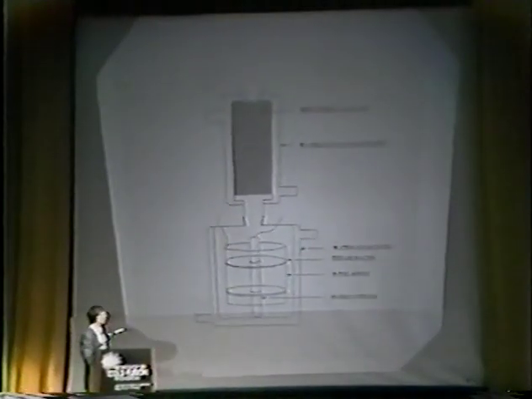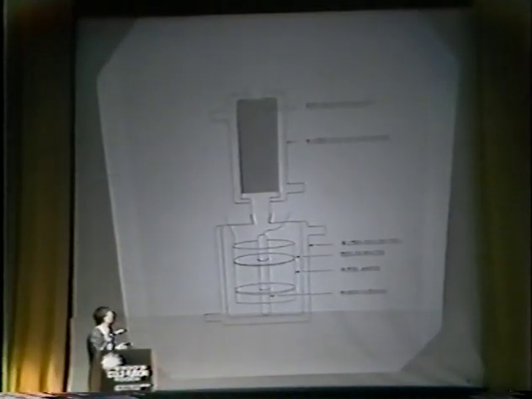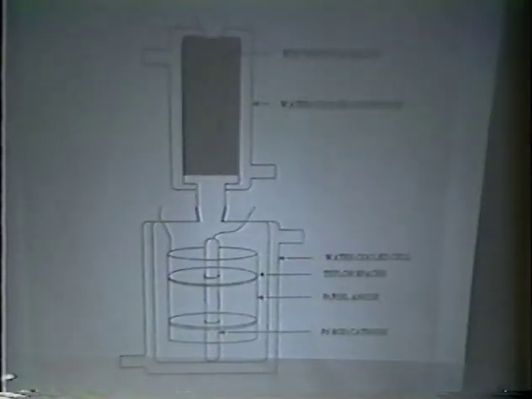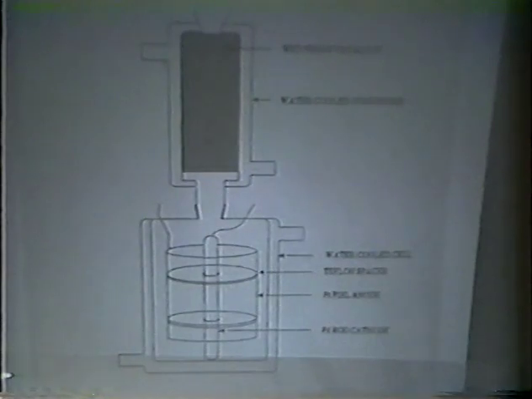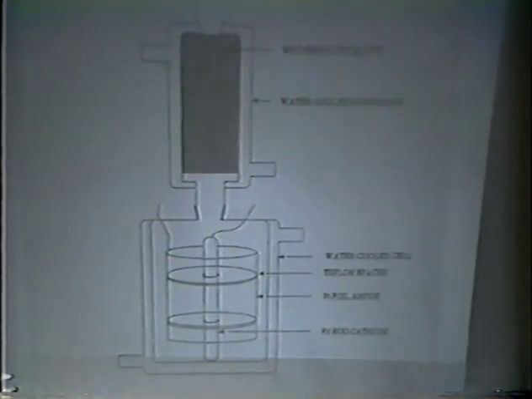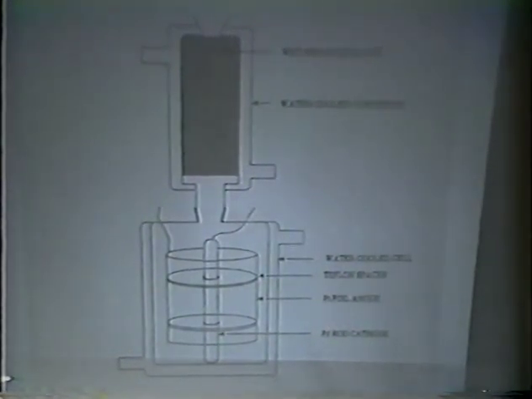The next view graph will show you a generic cell of the type that we used. The cell in this case has a palladium rod cathode. A platinum foil surrounds the cell. We use a Teflon spacer to get even spacing and get uniform current density on the surface of the cathode. And the cell is jacketed and water cooled.